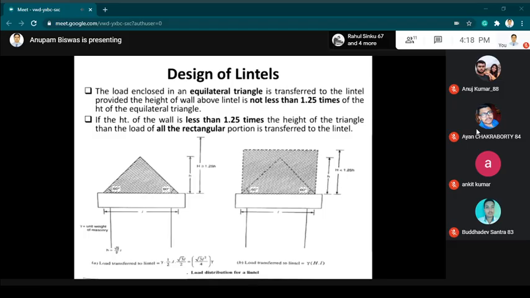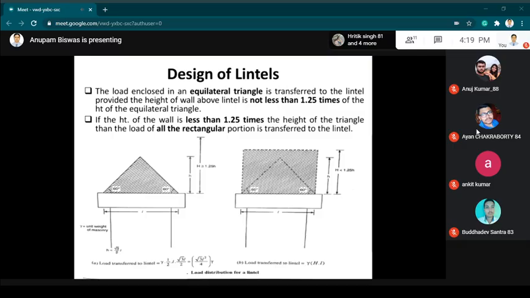Next case, on the right side, if you see the diagram, for the same equilateral triangle and the same condition, if the height of the masonry wall, that is capital H, above the lintel is less than 1.25 times the height of the equilateral triangle, then the total load coming onto the lintel will be in the form of a rectangle.